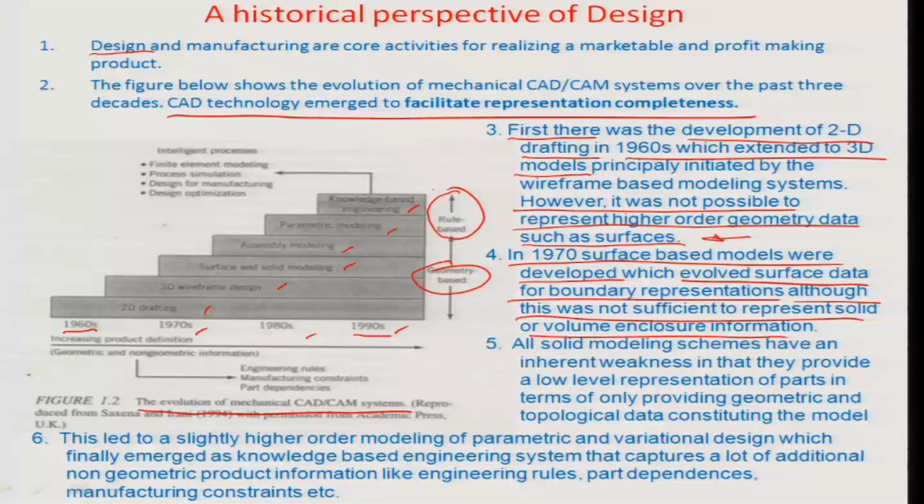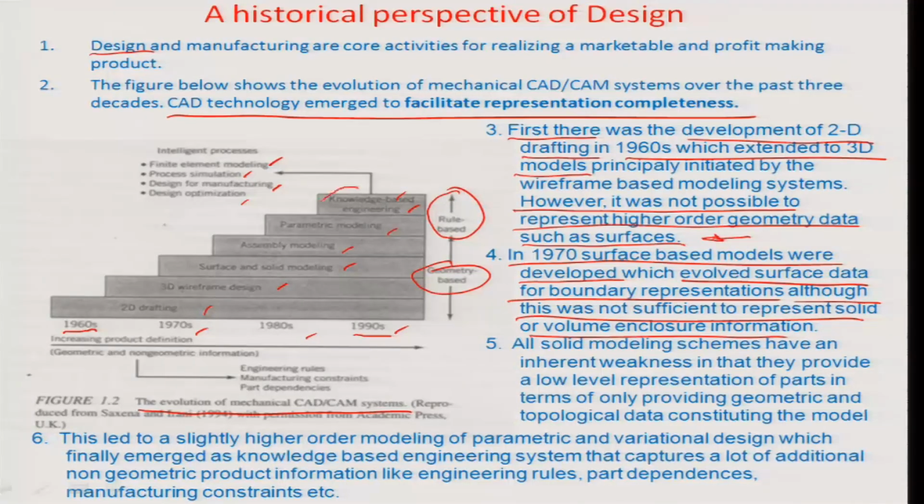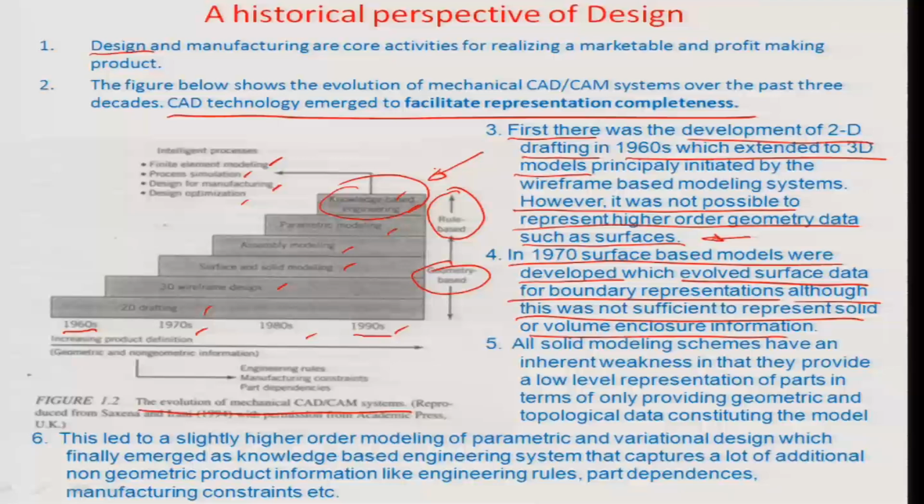Particularly the last step, knowledge based engineering, involves a lot of intelligent processes: not just the geometry or the volume or the design, but the finite element modeling aspect, the process simulations for physical phenomena associated with the design that you are mapping, the complete design for manufacturing, and also the very important design optimization. So this is basically an intelligent thinking system which has now evolved, and nowadays all the software in the CAD area is really process knowledge based engineering. With that approach you basically start all the design engineering.